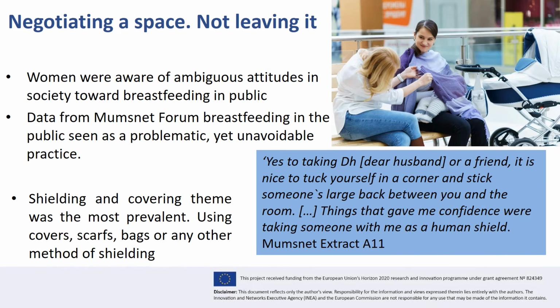Another finding that emerged from data was that women do not want to leave the space. They do not want to navigate their mobility behavior, so they avoid breastfeeding in public. They see that breastfeeding can be problematic, and the public holds ambiguous attitudes, but we cannot avoid it.